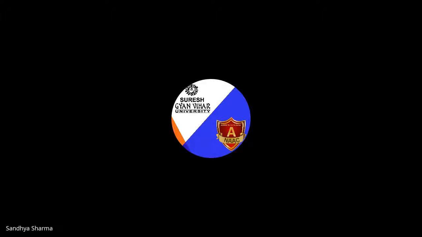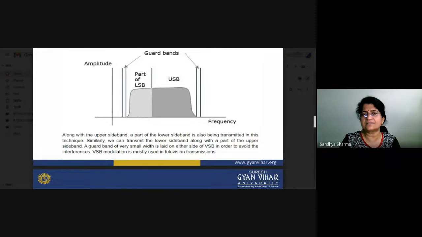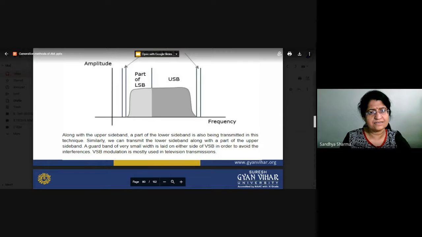Just you can see here, we are working with the complete USB part and a small part of the other sideband. So you can take the complete USB plus a part of LSB, or vice versa: you can take the complete LSB and a small part of USB. So this is basically the spectrum of our vestigial sideband.